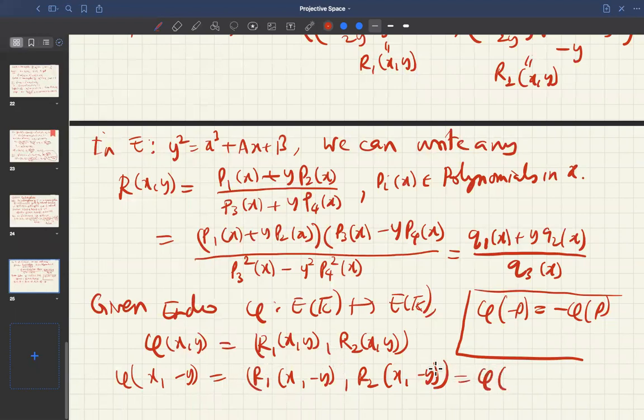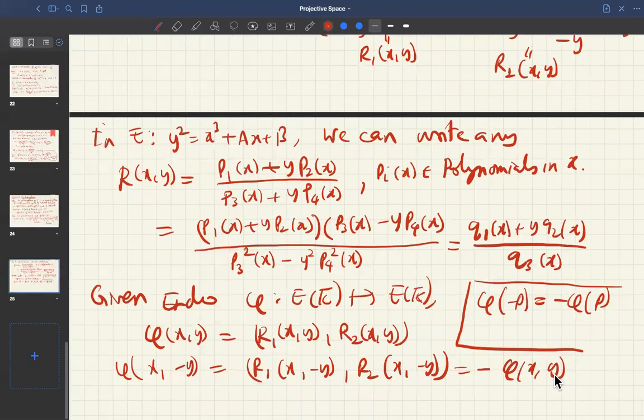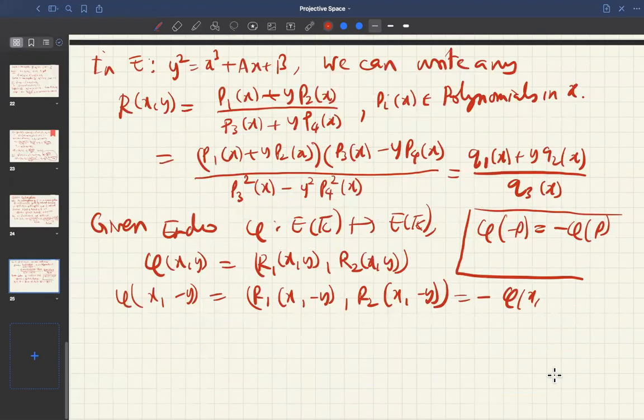And this is going to be minus of phi of (x, y). Sir, how did you get it to be minus of phi of (x, y)?